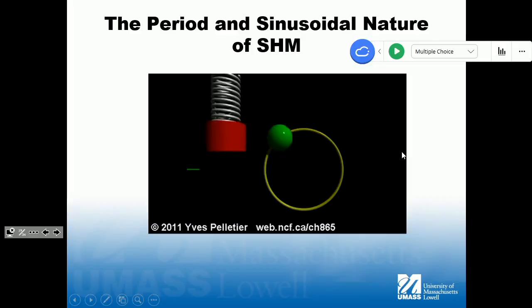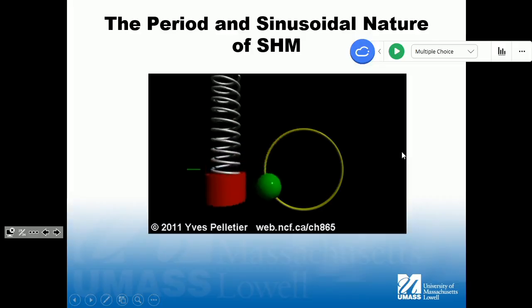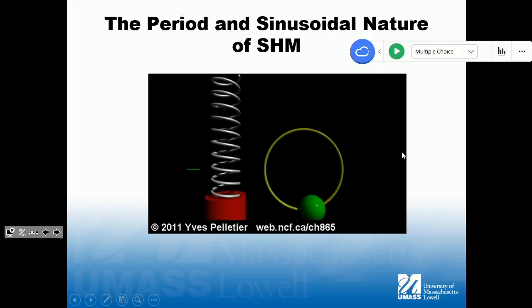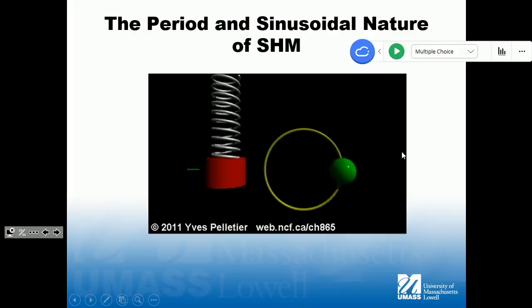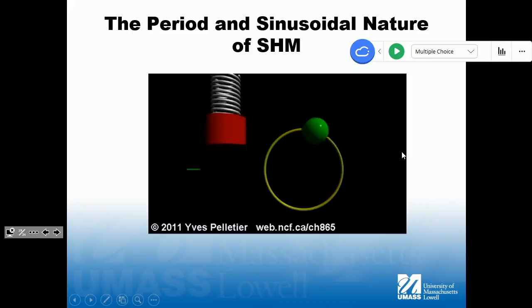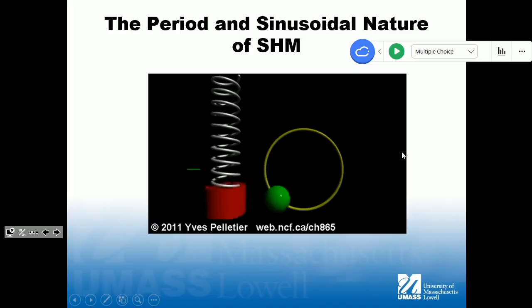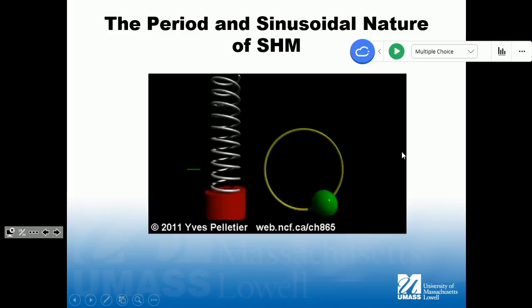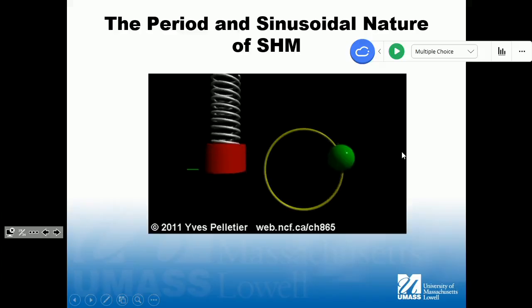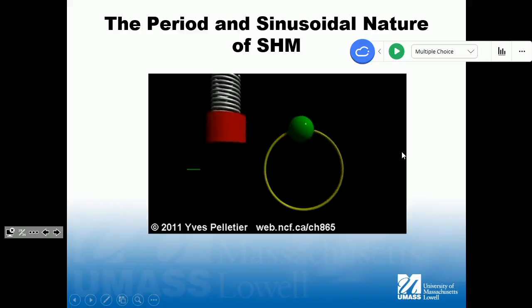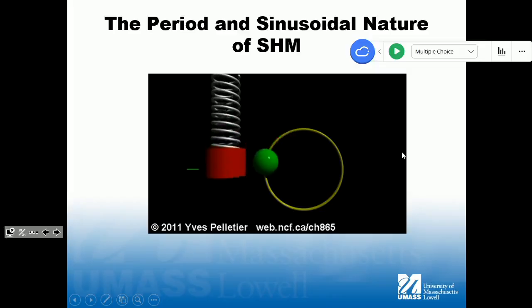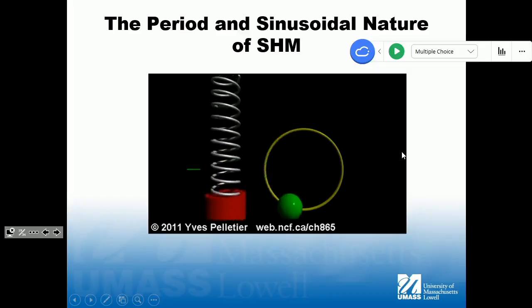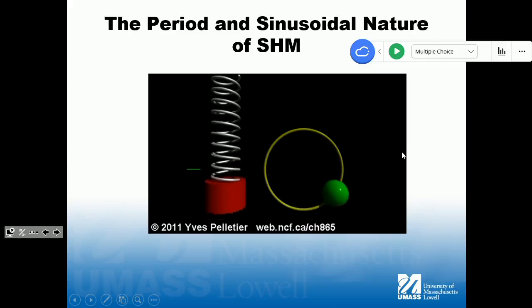The vertical position of that green ball is the same as the vertical position of that red box, which is oscillating. This makes sense? So you had mentioned that the ball is moving at a constant speed. Yes. But can you tell us that when the spring is oscillating, the speed is not the same. Okay. Right? It's not.